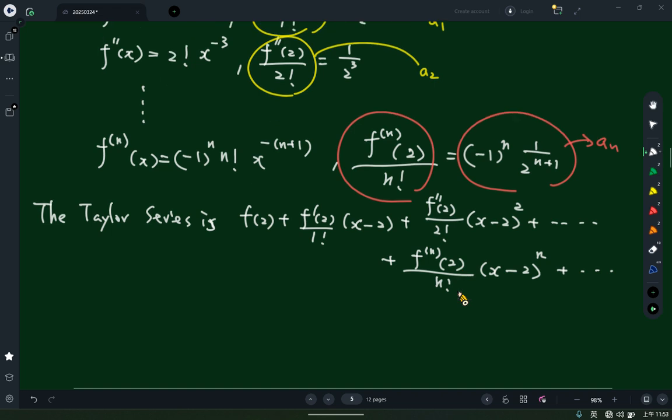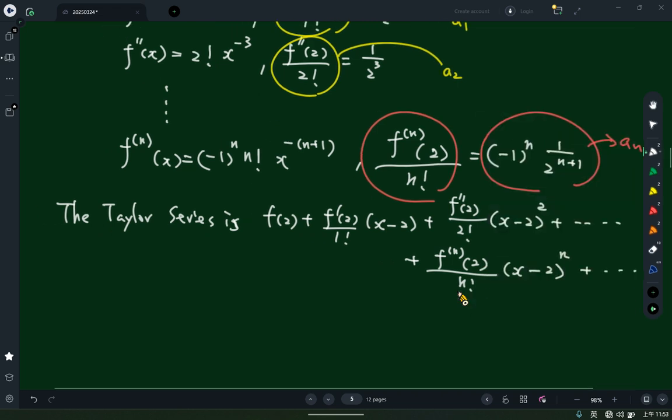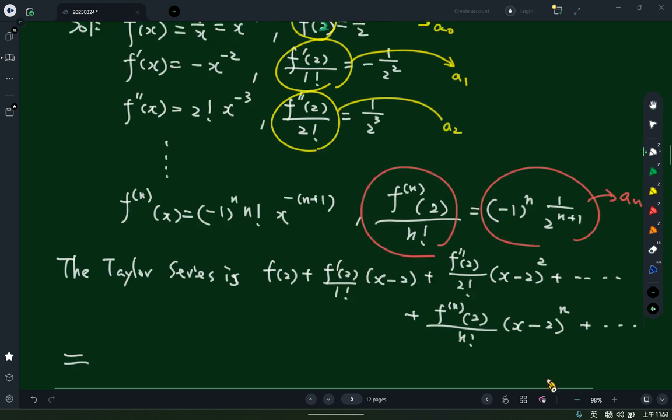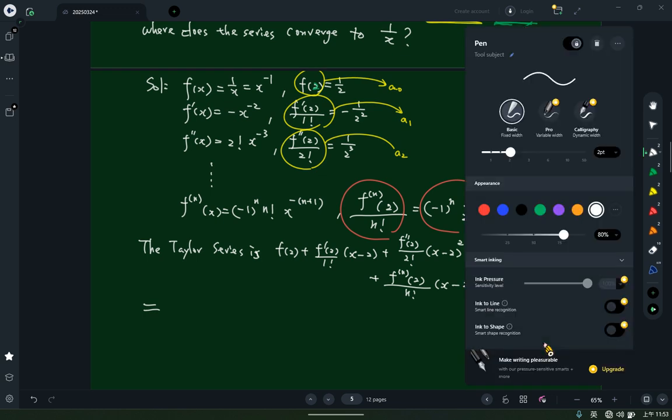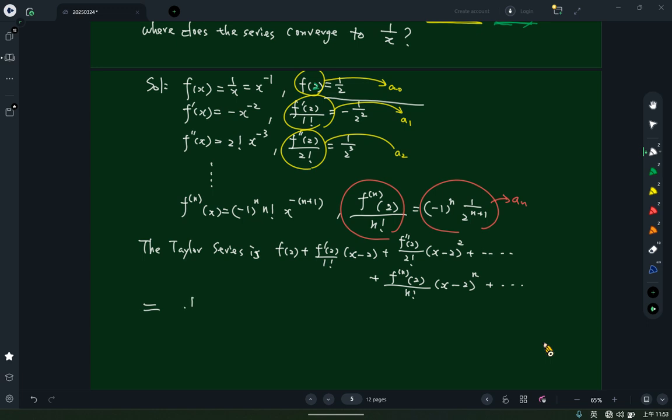So finally, you can see it's actually a little bit complicated. The first term is this one, 1/2. Then negative 1 over 2 squared times x minus 2, plus 1 over 2 to the power 3 times x minus 2 to the power 2.